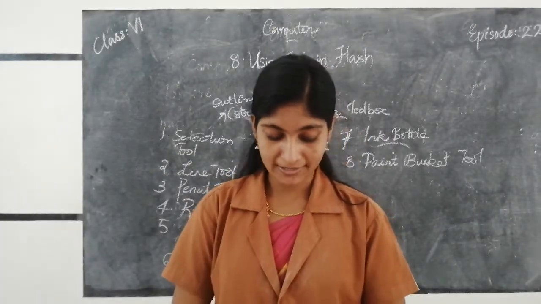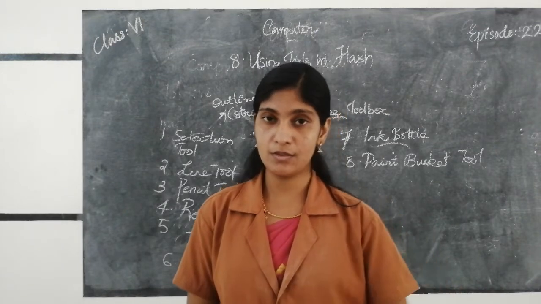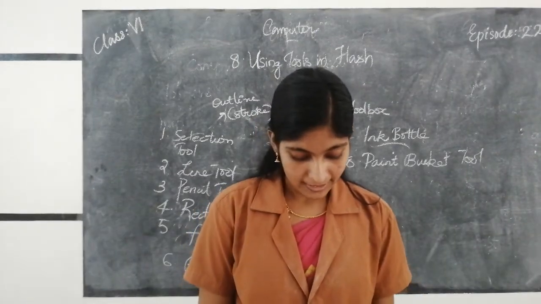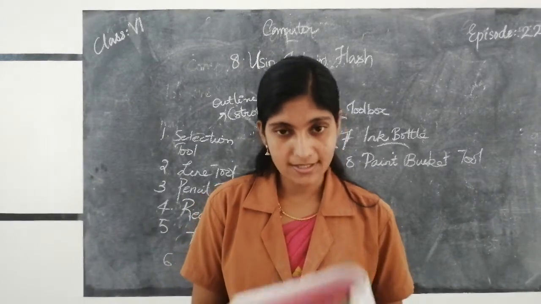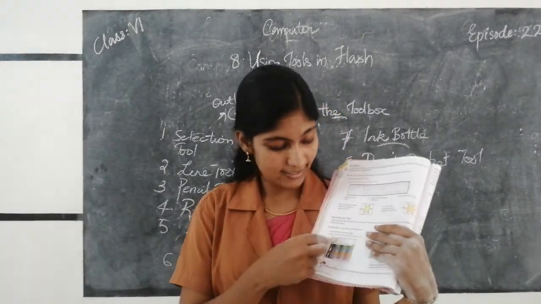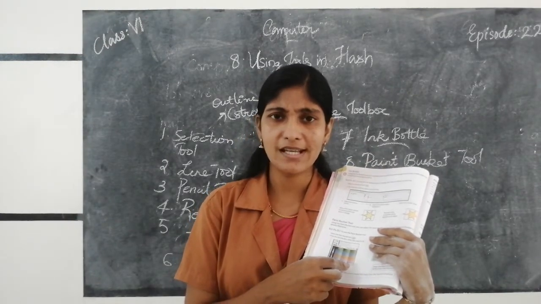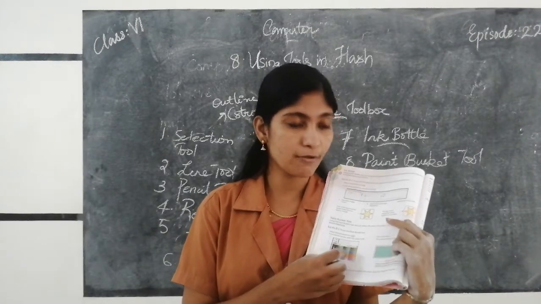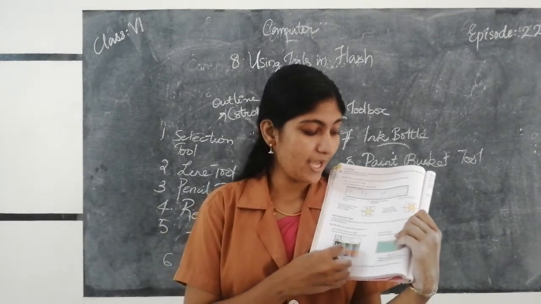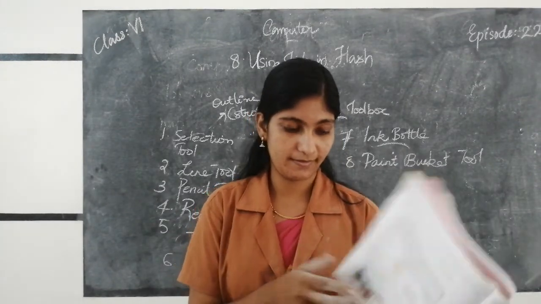Using the paint bucket, you can select the color and fill the color into the shapes. The paint bucket tool contains a fill color box, which contains different types of colors. You can select your appropriate color from there and then the selected color will be filled in your object.